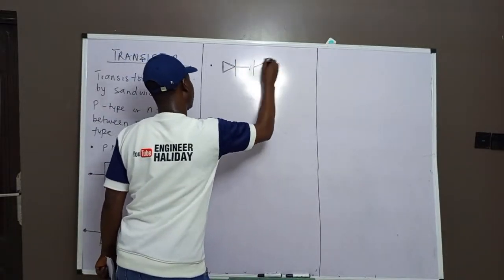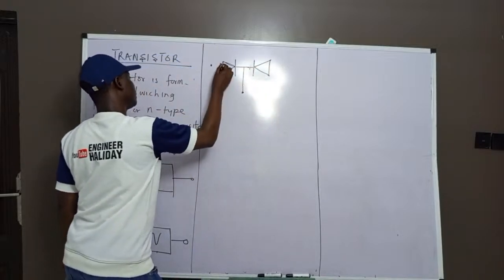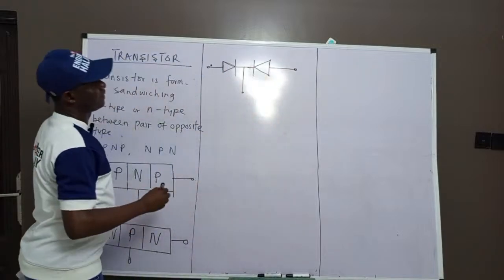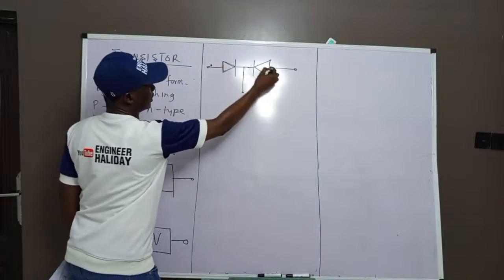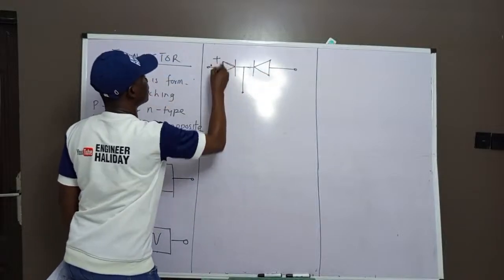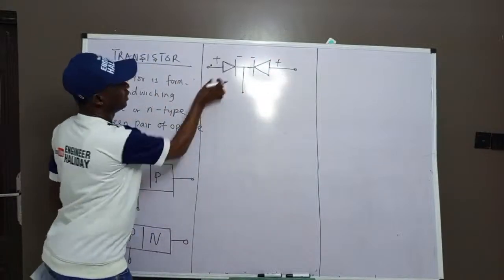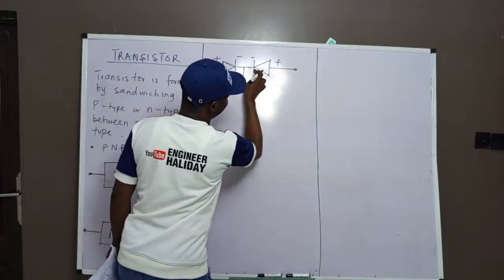Look at the diagram. So now this is a diode. This is another diode. This is a PN junction diode. This is a PN junction diode. But this is positive, negative, negative, and positive. You check the last video. This is the positive terminal of this diode, and this is the negative terminal.